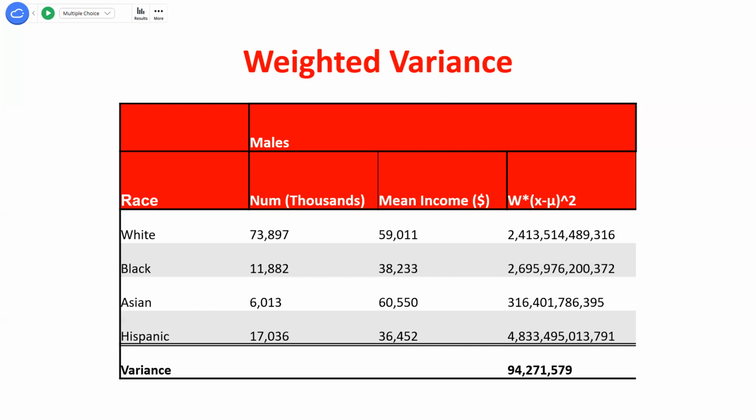Do that for all four groups. Then divide by the sum of my weights. So just writing out the first two will look something like that, right?